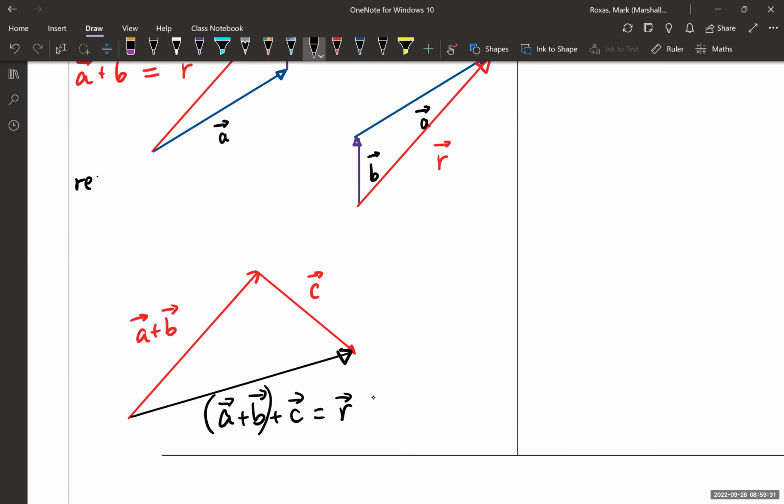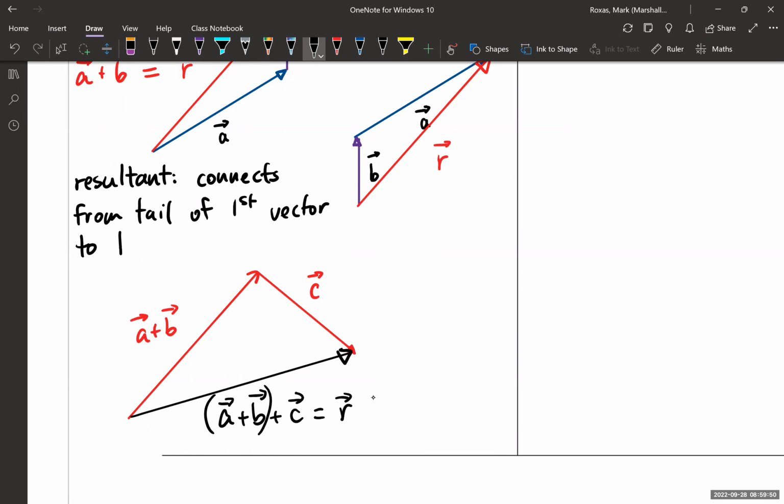So the resultant connects from the tail of the first vector to the head of the second vector.